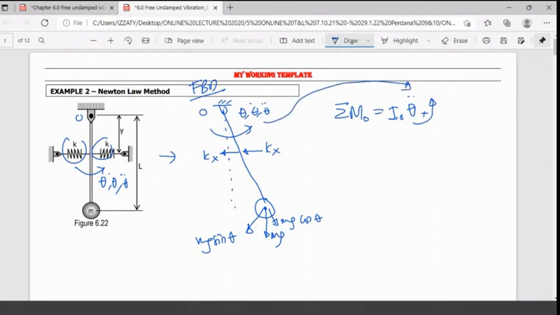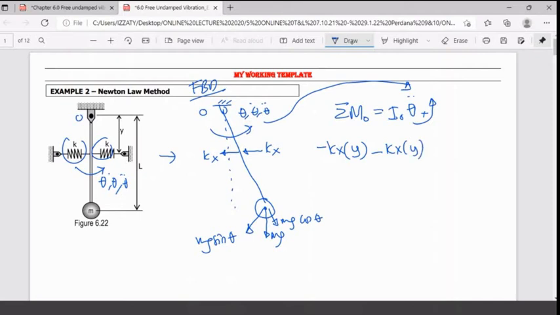So you are saying negative Kx multiplied by the distance, this one is y. You have another one, the same thing, also Kx, also y.